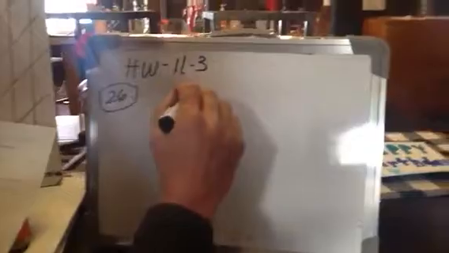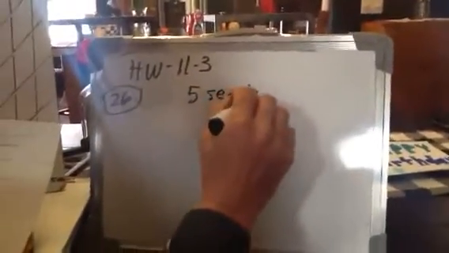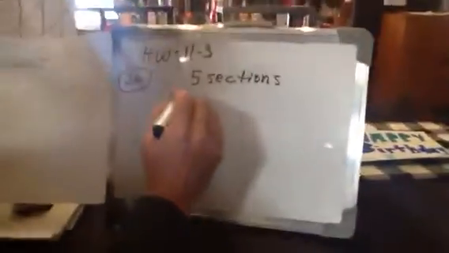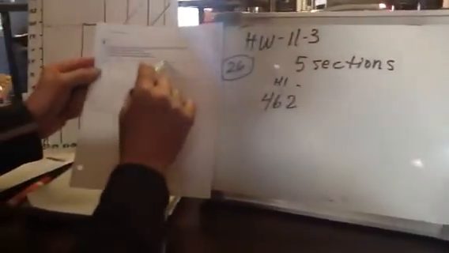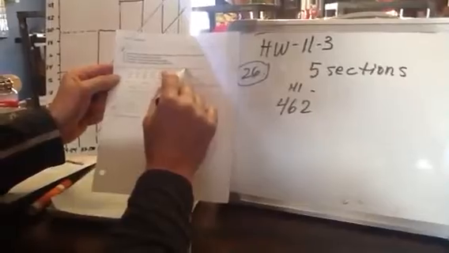But the hard part is finding the class. We have 26 patients. If you look at our column, we have 1, 2, 3, 4, 5, so we're going to have 5 sections to find the interval of the classes. The high score for this one was 462. What are we talking about here, guys? Milligrams of blood in units.